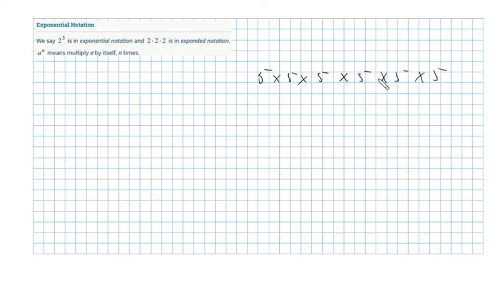So that's 1, 2, 3, 4, 5, 6. You could say it like that, but obviously writing it this way is a lot easier. So this is called the base. The number 5 here is the base, and 6 here is the exponent. Alright, so I think you should be very familiar with this.